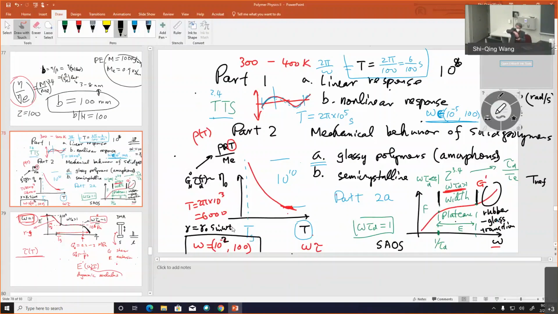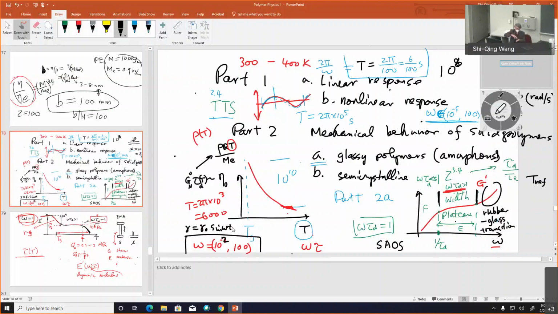And it will do it until they can measure the signal. As I said, it takes several cycles. And then once they get the numbers, which is G prime, G double prime, because you're imposing gamma, you're measuring, go back to the original notes, the so-called torque or stress and how it shifted away from sine omega t with the delta there.